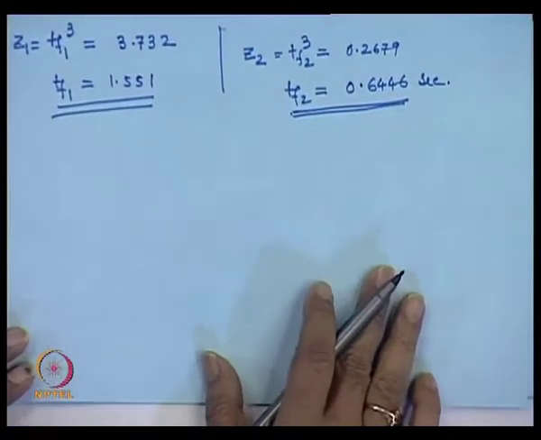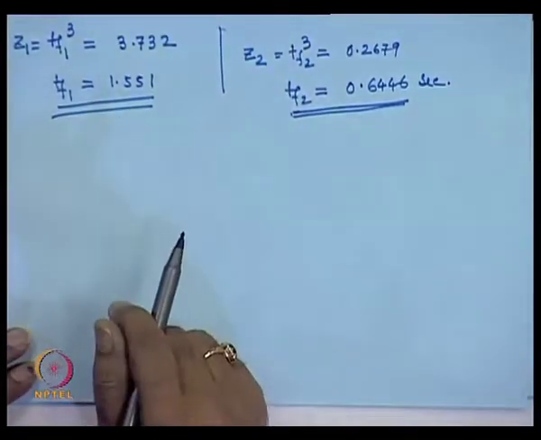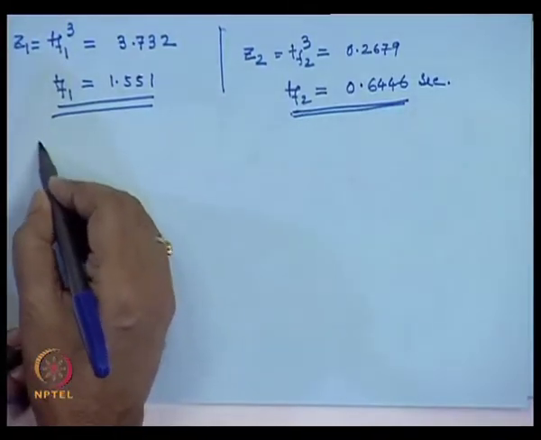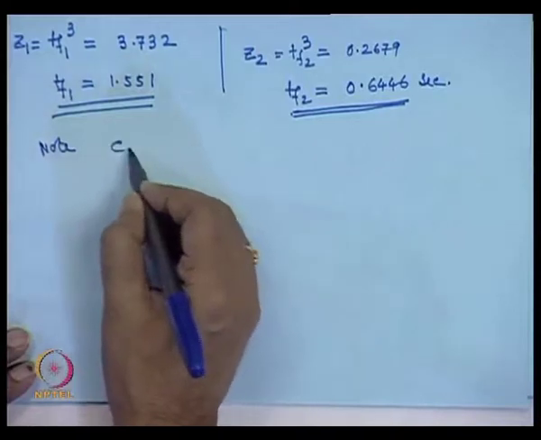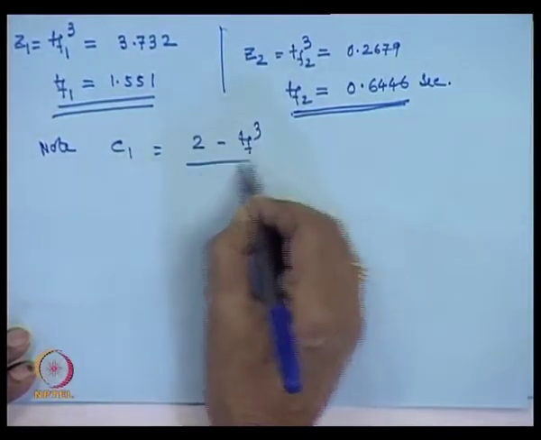Agree? So, once I know T f, I can find out C 1. Note, C 1 is equal to 2 minus T f cube by T f.